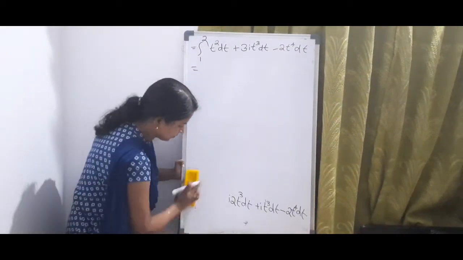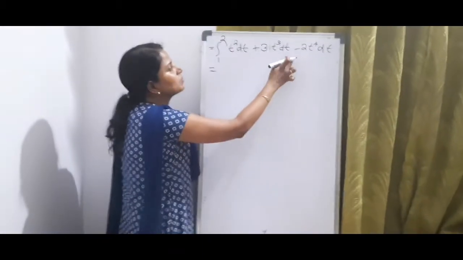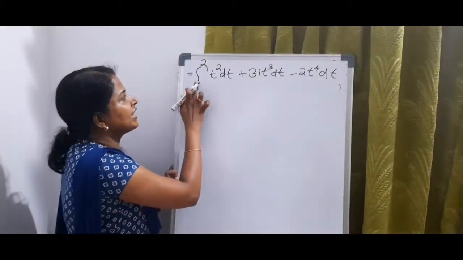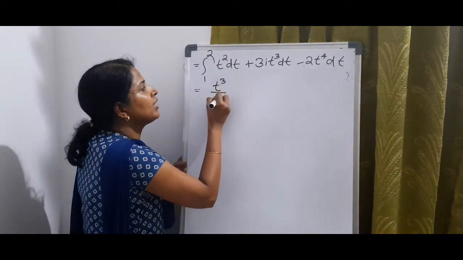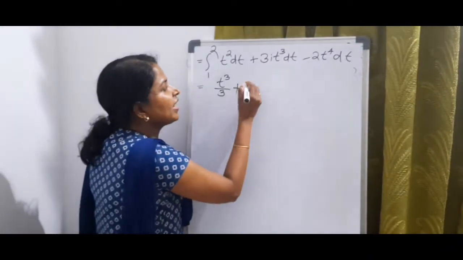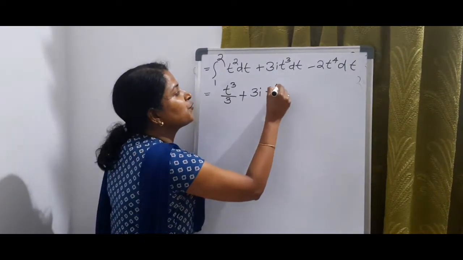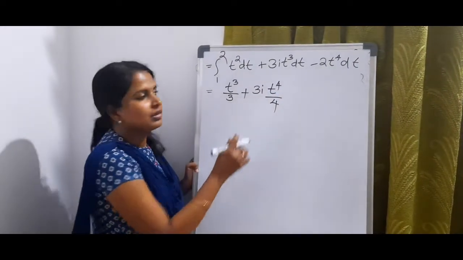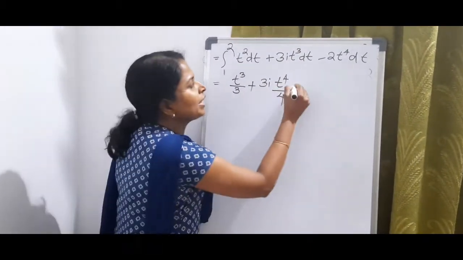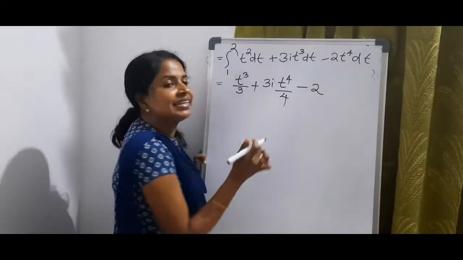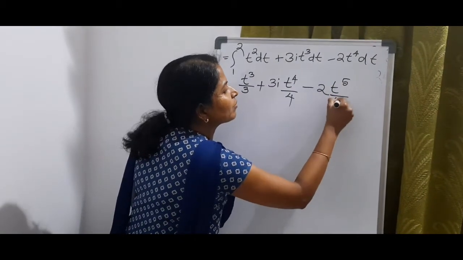Then integrate each term. The integral of t square dt is t cube by 3, plus 3i constant; the integral of t cube dt is t raised to 4 by 4. Minus 2 is constant; the integral of t raised to 4 dt is t raised to 5 by 5.